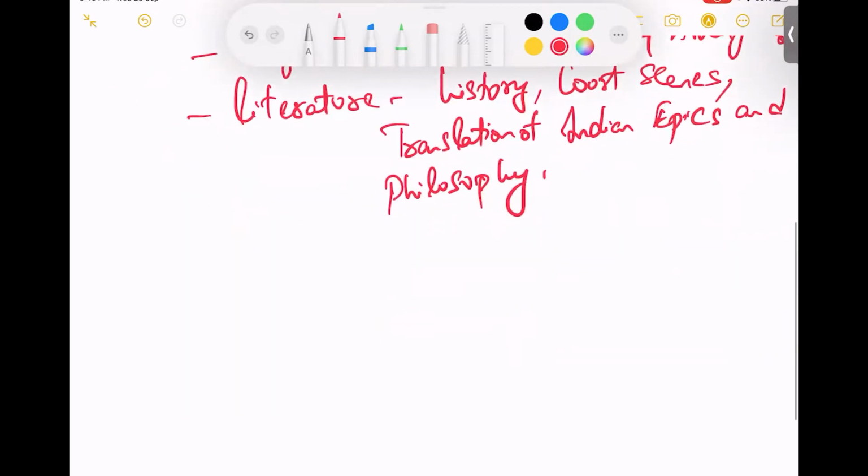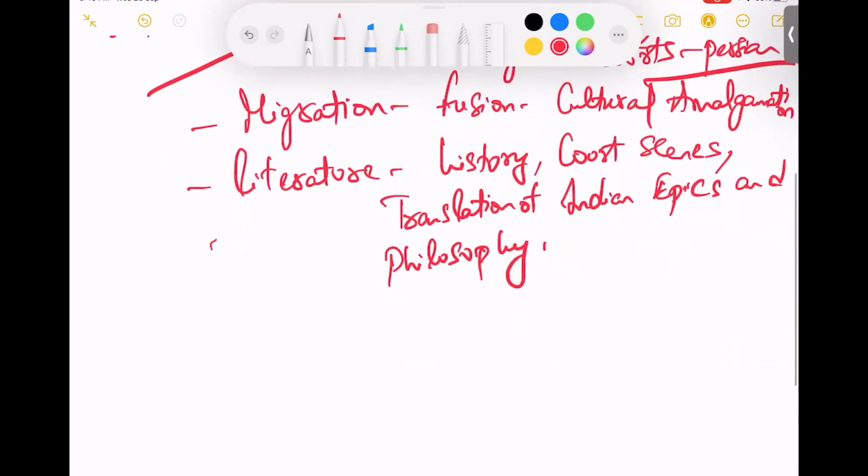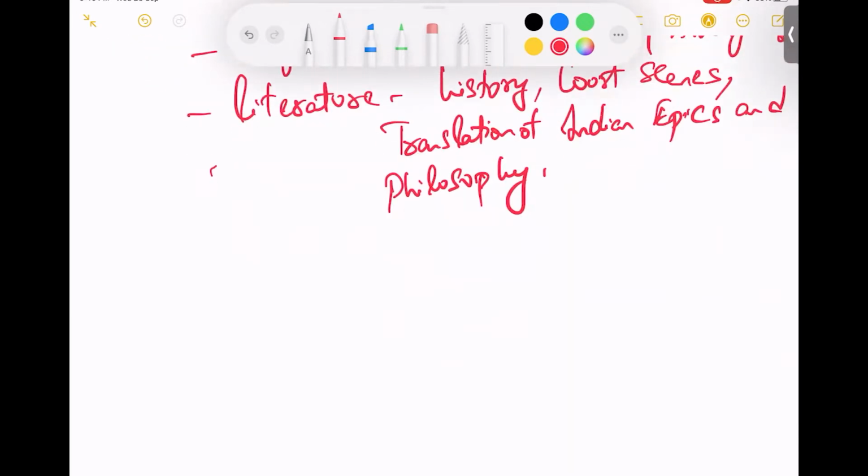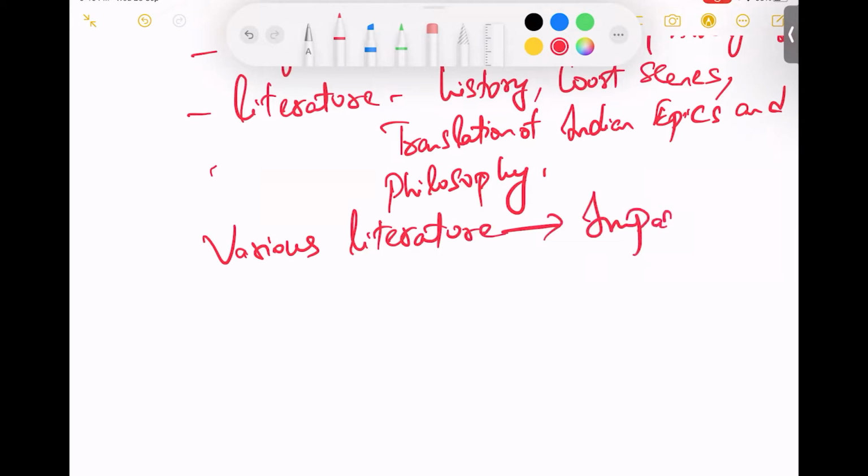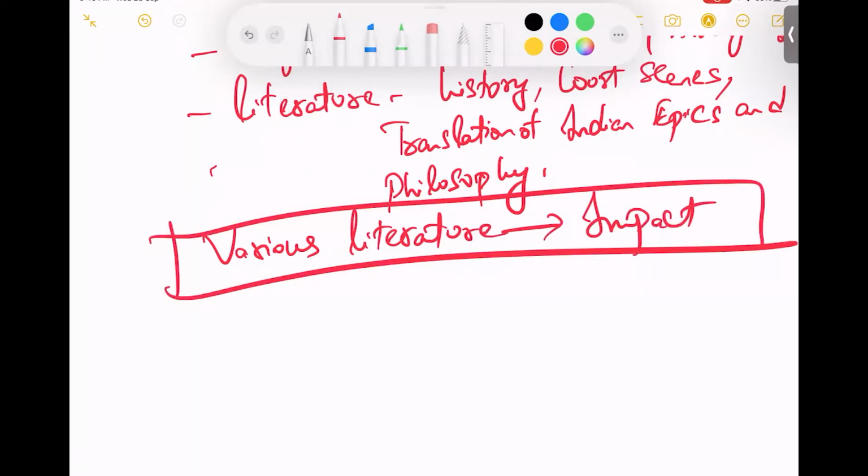So this is the Persian literature. Now you have to write what are the various literatures you know, and then the literatures and their impact. So this can be one of the side headings.